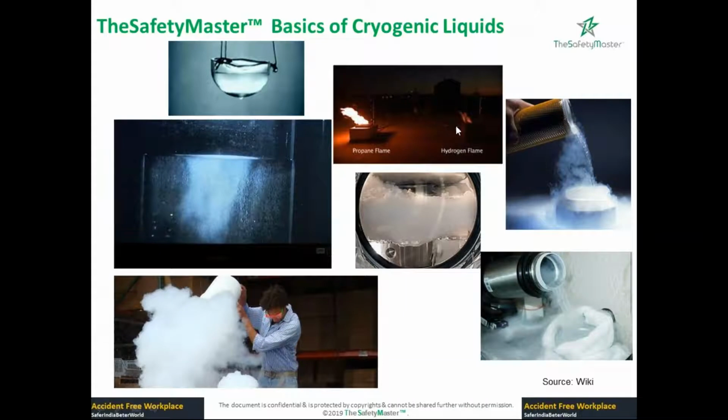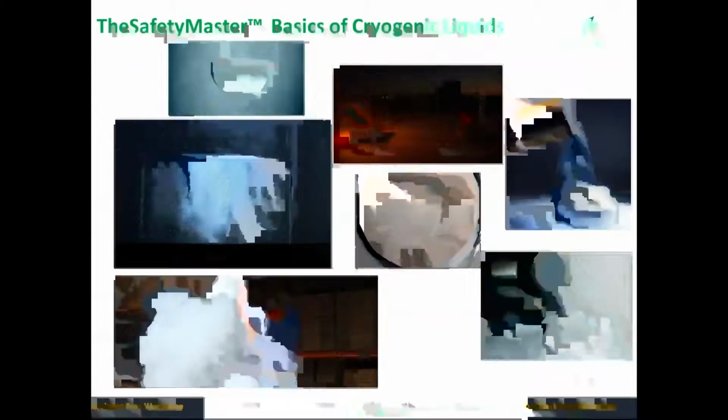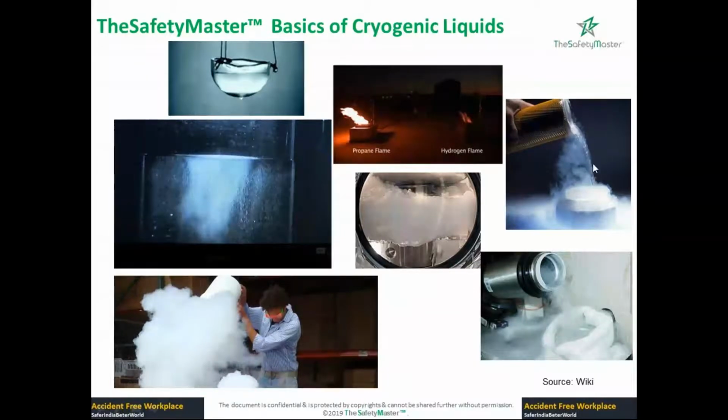The one where you don't see any flame at all is the hydrogen flame. You cannot see a hydrogen flame with the naked eye. And the blue color you see here is liquid oxygen. Liquid oxygen is bluish in color.